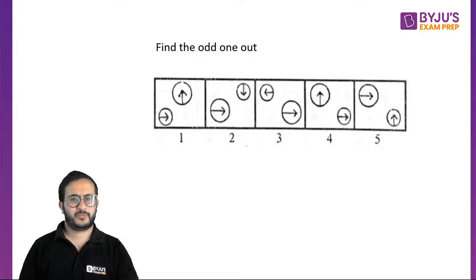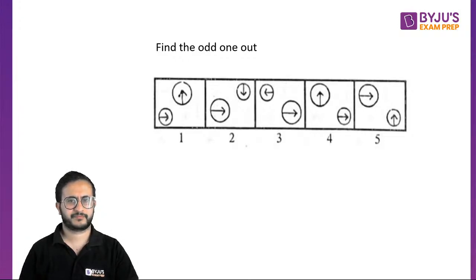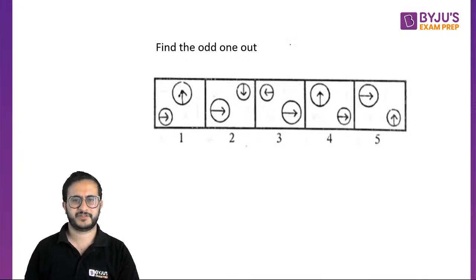Generally, these odd one outs can sometimes be confusing, because different people look from different dimensions. So why is it the odd one? What is different in one which is not in others?